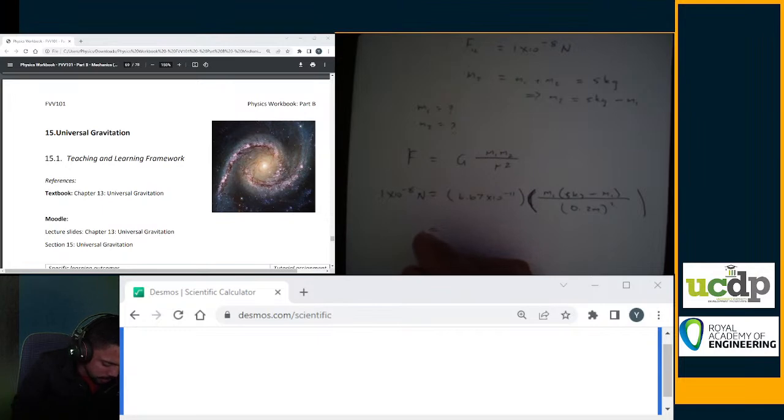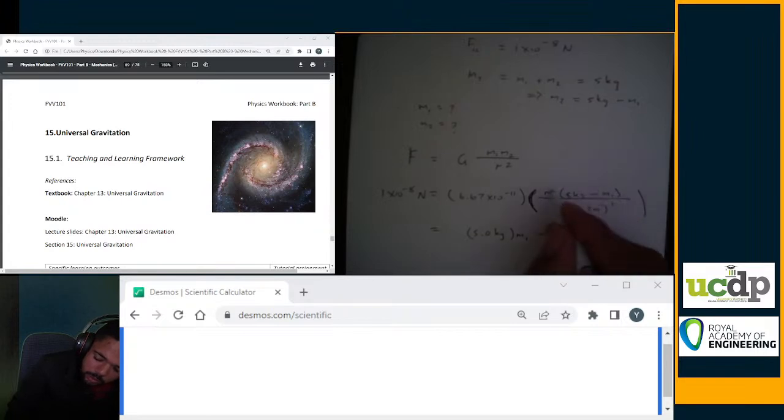Now, going on. If we solve for M1, then automatically we get M2 because we just subtract M1 from 5. Rearranging this equation, we get M1 alone. On this side, we get 5 kilograms multiplied by M1, if we multiply it in, minus M1 times M1.